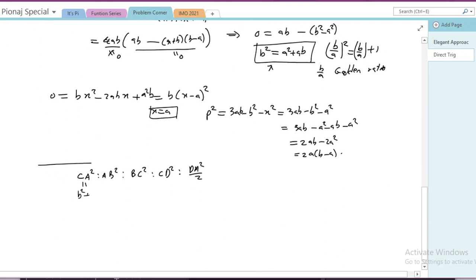If you take the square root out after squaring, AB was just b, so this is b squared. BC, if you remember, is root ab, so this is just ab. Now CD is x, which is a squared. So now DA is p squared over 2, which is ab minus this. So I want to show that the ratios here are all the same, so we just take the ratios.